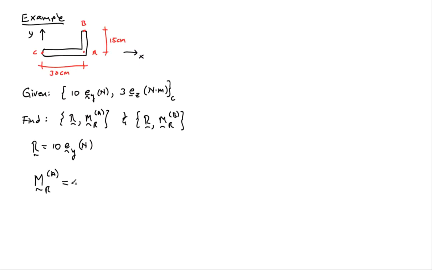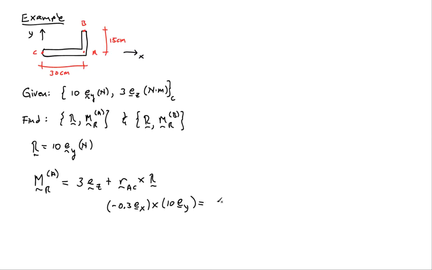So the resultant moment in point A is going to be the resultant moment in point C plus the vector that connects the 2 points. So it's going to be the vector RAC cross the resultant. So RAC is minus 0.3 EX crossed with 10 EY.